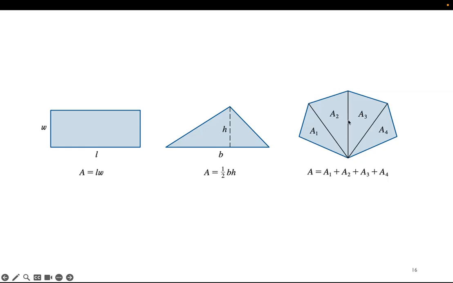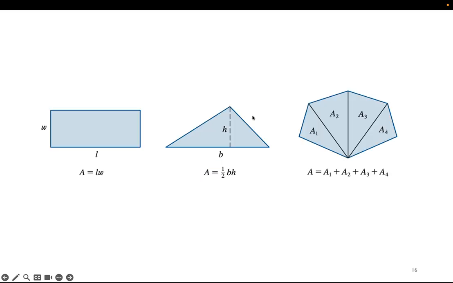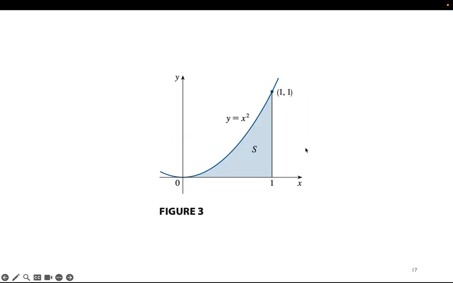So adding all these triangles can give us the area for the general polygon. But that doesn't help us find something like this. What if I want to find the area of something that's given by a curve and not by these straight lines? How do you find the area of this?